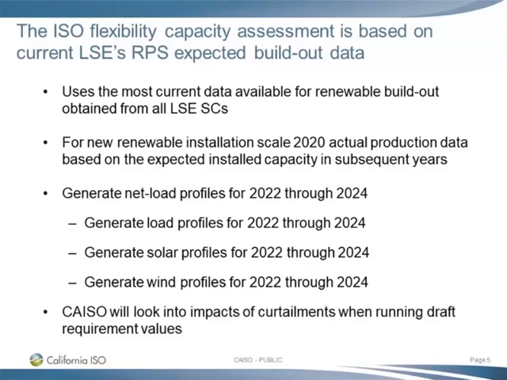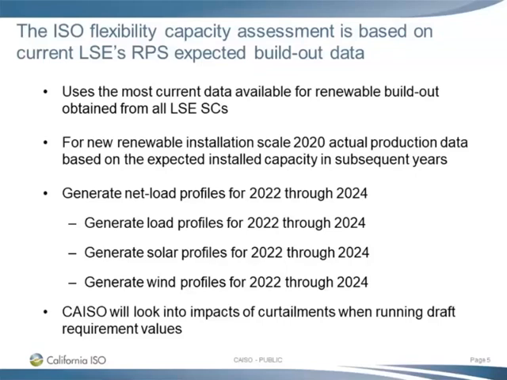So in order to do this, what we do is we take the most recent year actual data. So we collected the 1-minute profiles for load, wind, solar in 2020. And then we're going to use that, and we'll get into more detail on how we build the profiles out for the subsequent years. So also we look at the impacts of curtailments, which is that last bullet there, and we'll talk a little about that in a few slides.